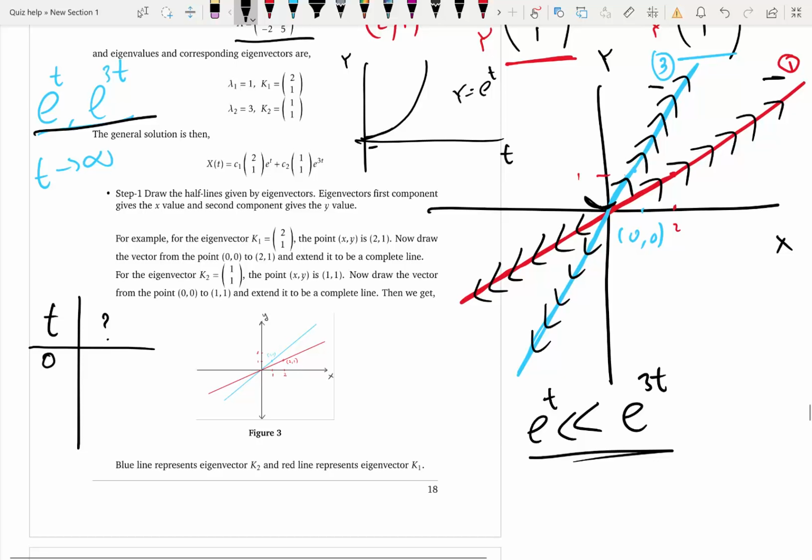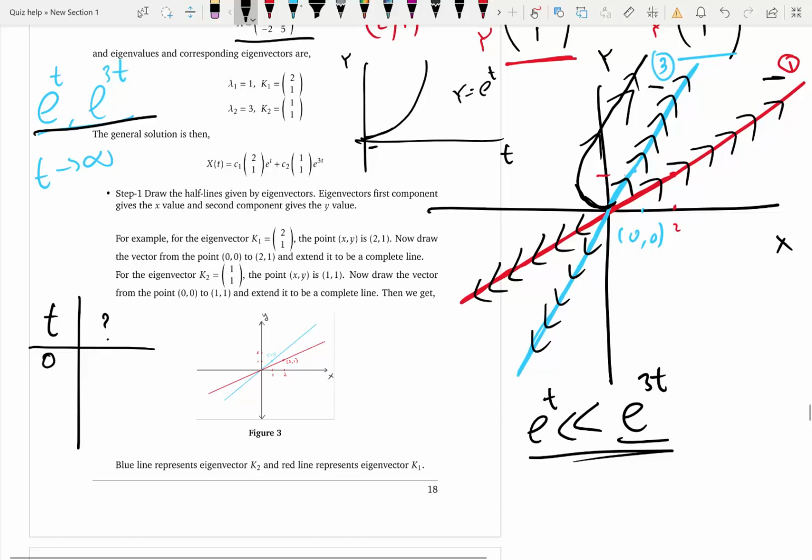When t is small, both are sort of the same. So the solution starts at (0, 0), because when t is equal to 0 everything is small, then goes parallel to the blue line.